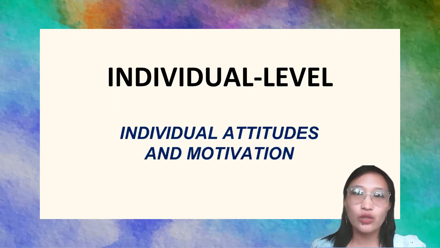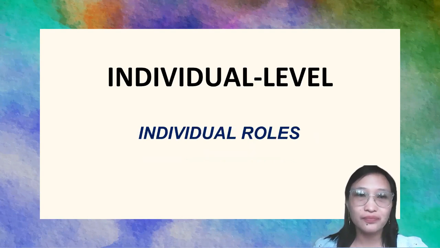We also have what we call the individual attitudes and motivation. Attitudes reflect the beliefs, opinions, and emotions that individuals bring into the group. Motivation drives individuals to participate, engage, and contribute to the group's goals. Understanding individual attitudes and motivation aids in promoting a positive group environment.